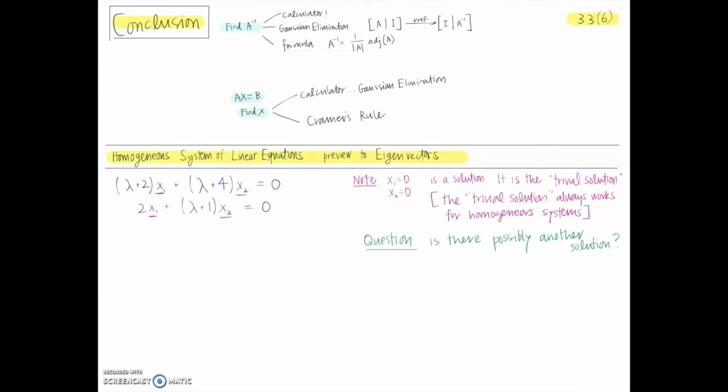If, in fact, there was another solution to this system, it would mean that there was not a unique solution. So another solution would imply that the system doesn't have a unique solution.